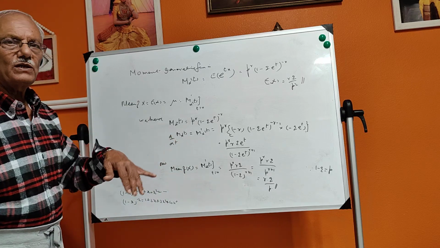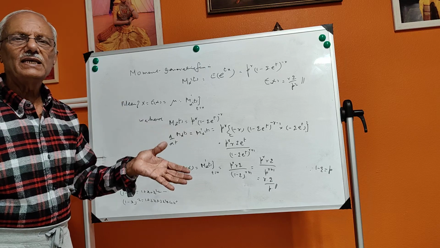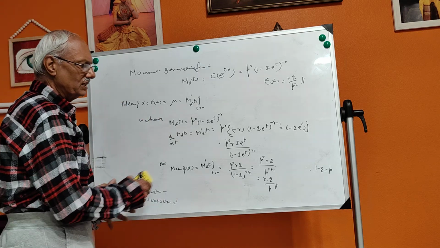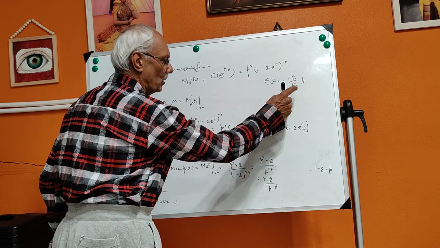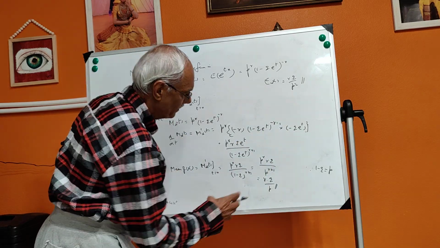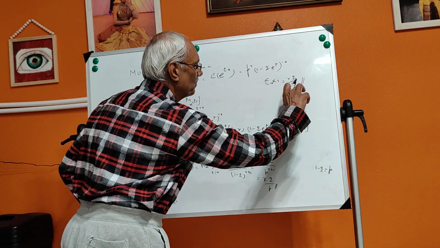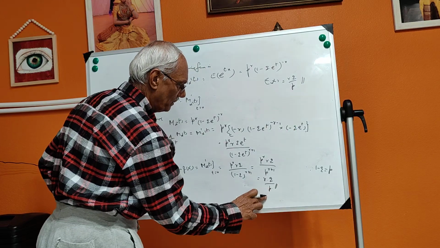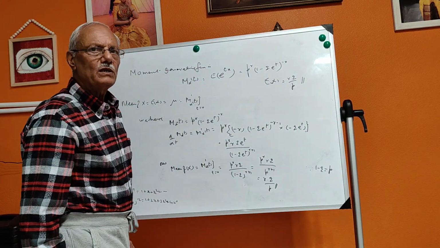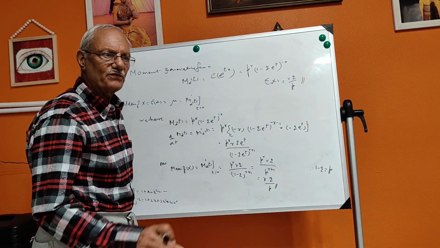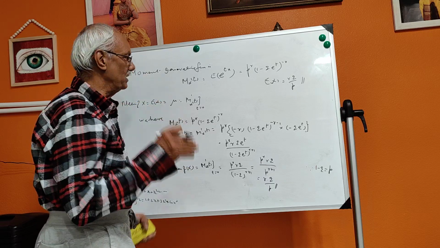Now let us find out what is the variance of x. r q by p is the mean of the random variable x that follows the negative binomial distribution.